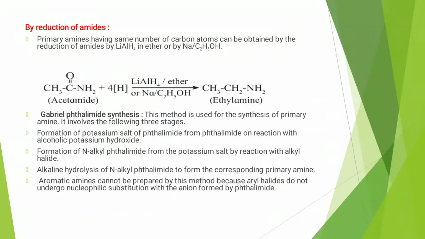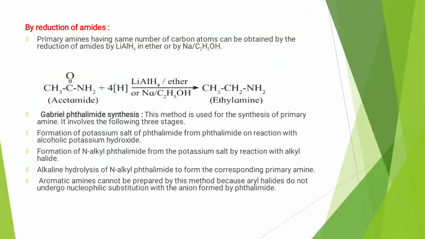Next method, Gabriel phthalimide synthesis. Now this method is used for the synthesis of primary amine. Gabriel phthalimide synthesis involves 3 steps. First step is the formation of potassium salt of phthalimide from phthalimide on reaction with alcoholic potassium hydroxide.